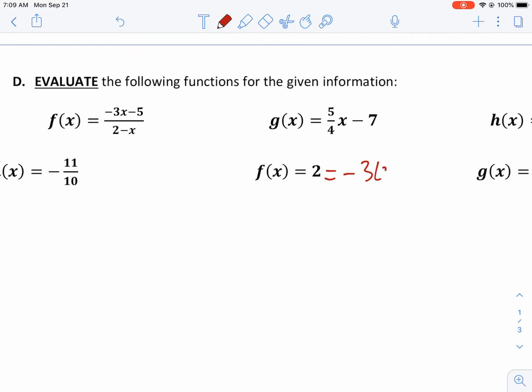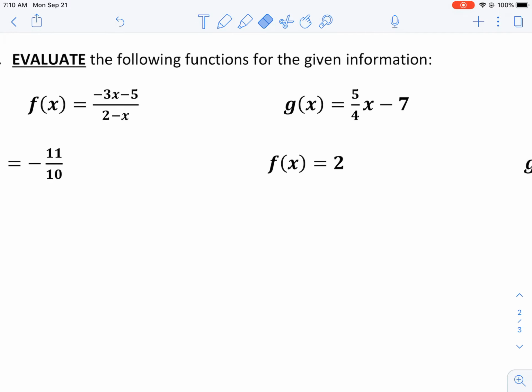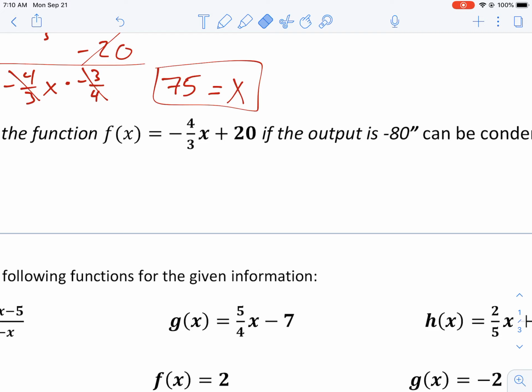So we've got -3 times 2 minus 5 over 2 minus, oh, didn't even read my own questions, guys. Classic. F of x equals 2, all right? So that's what this was saying up here.